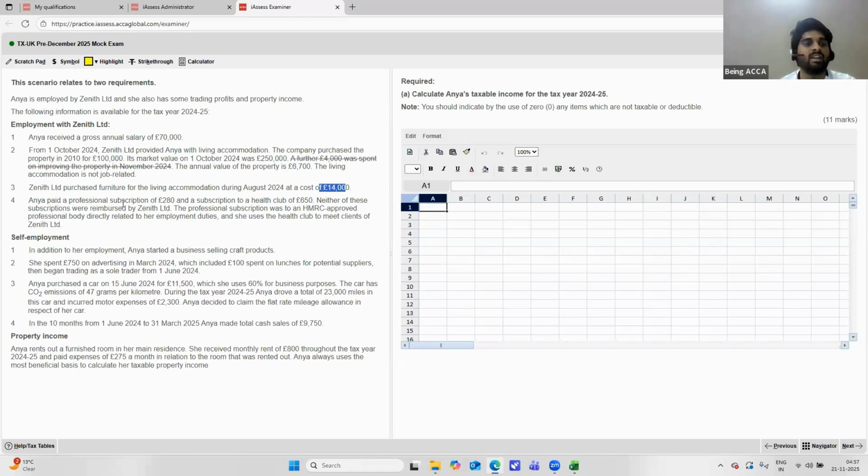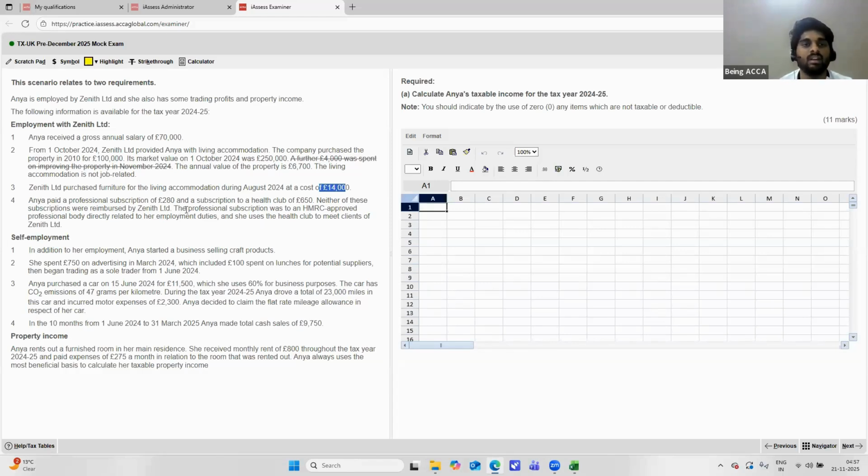Next, Anya paid a professional subscription of 280 pounds and a subscription to a health club of 650 pounds. Neither of these subscriptions was reimbursed by Zenith Limited. Because these were not reimbursed, they could be deductible expenses. But now we should identify which of these is directly relevant to the work that Anya does.